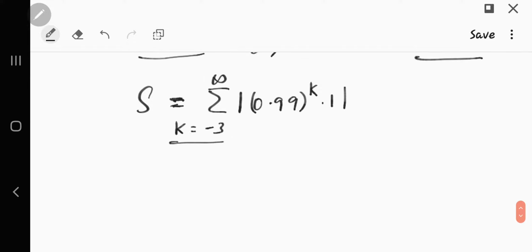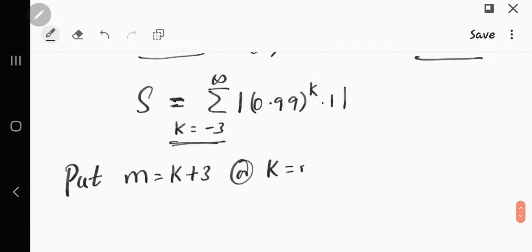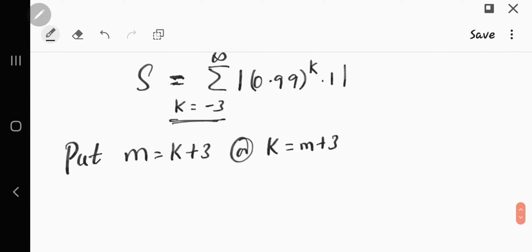So I want to make this from 0 to infinity. To make that happen, I will replace this k with some other value. I put m is equal to k plus 3, or you can write as put k is equal to m plus 3. So let's see what happens to the limit.